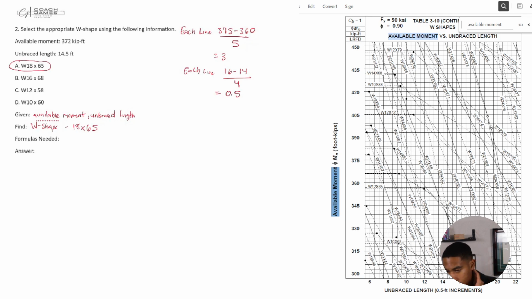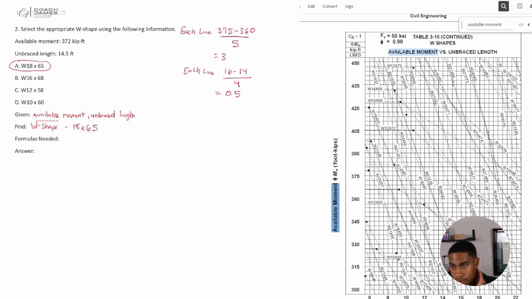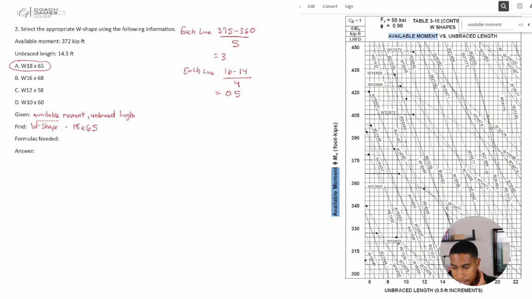All right. So it's very important for you to know how to read this chart. Also note that my FY was 50. That's pretty typical, but just making sure you know that CB equals 1 for this, and pulling out your important information.